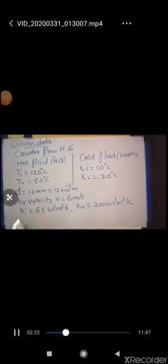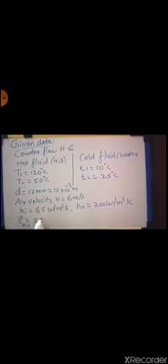The density of air, rho, is 2.85 kilogram per meter cube. Cp, specific heat at constant pressure for air, is 1.005 kilojoule per kilogram Kelvin. These are all the given data.